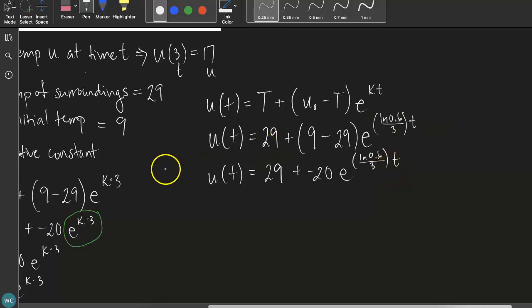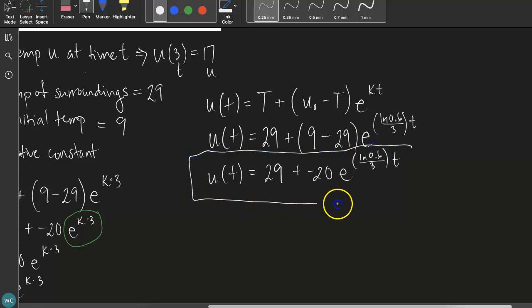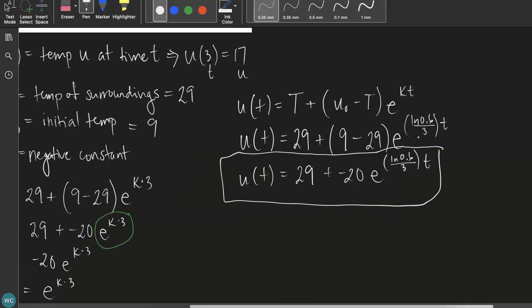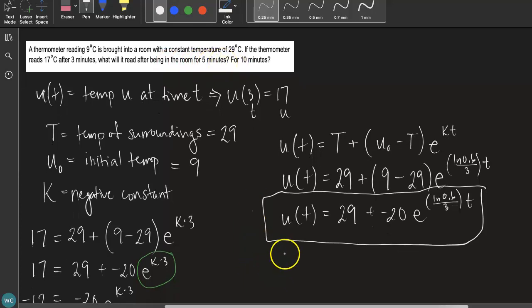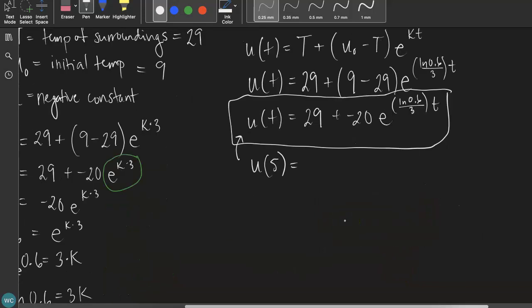Okay, that part is only the model for this situation described here. Now we've got to find what is the temperature in the room, or on the thermometer rather, after being in the room for 5 minutes. In other words, find u of 5 given this formula that you just developed, this model that you just developed.